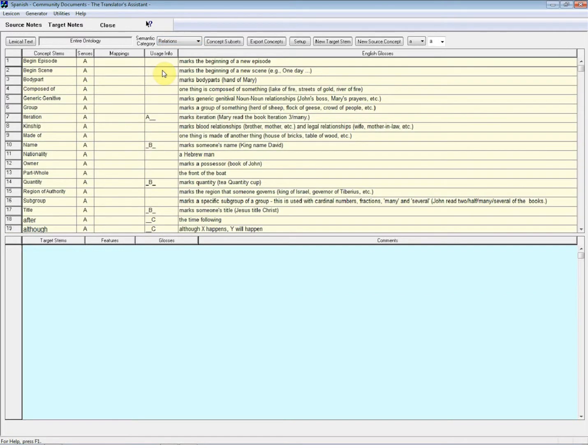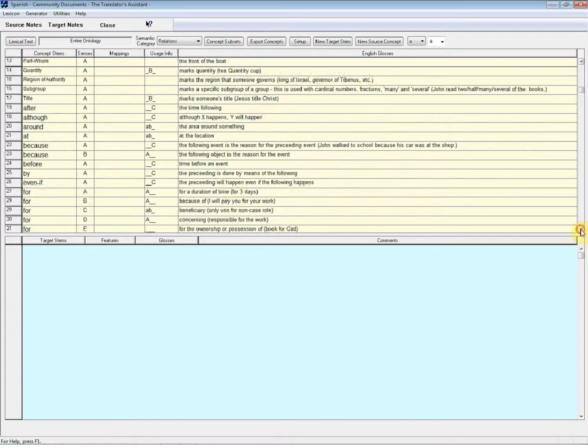All right, so now we're looking at relations, or we sometimes call them adpositions, and you can see when we connect 2 nouns together, we specify if they're kinship, made of, body part, composed of. We have all of these types of specific relations that we use, and then there are other more English-like word things.